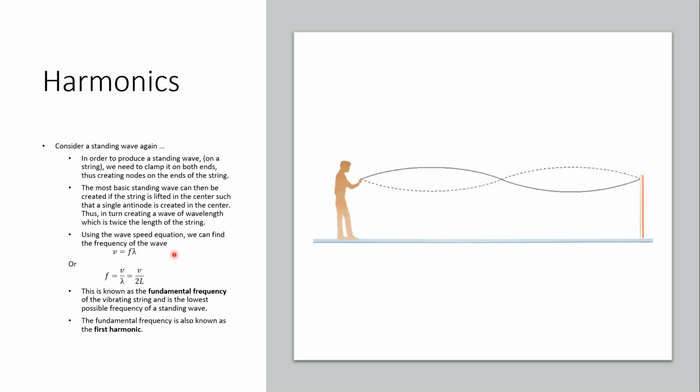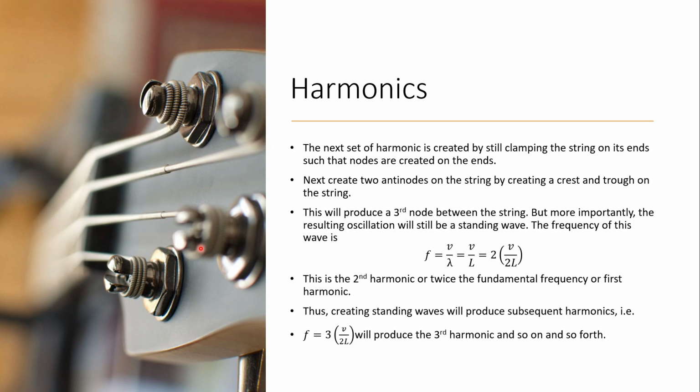Now you can have more of these by creating nodes and antinodes in between on the string. The important part to know about harmonics is that when you're creating harmonics on a stringed instrument, you have to have nodes on either end of the string, because you want maximum energy being transferred once you pluck the string, to the body of the object, which produces a sound, right?